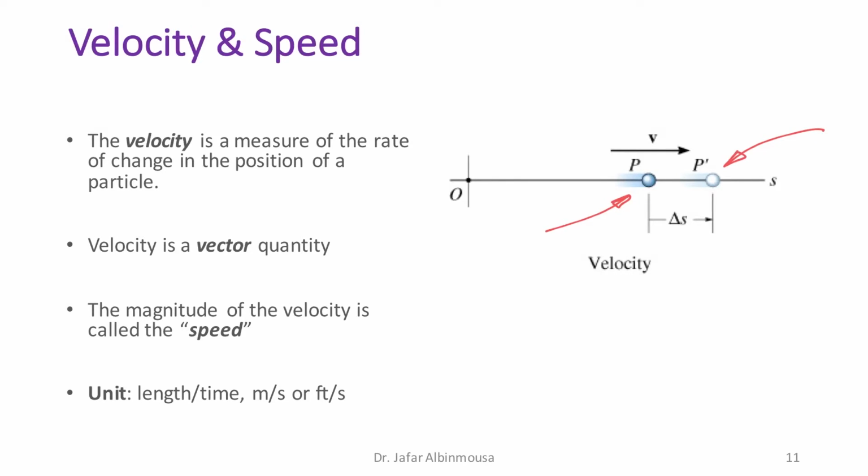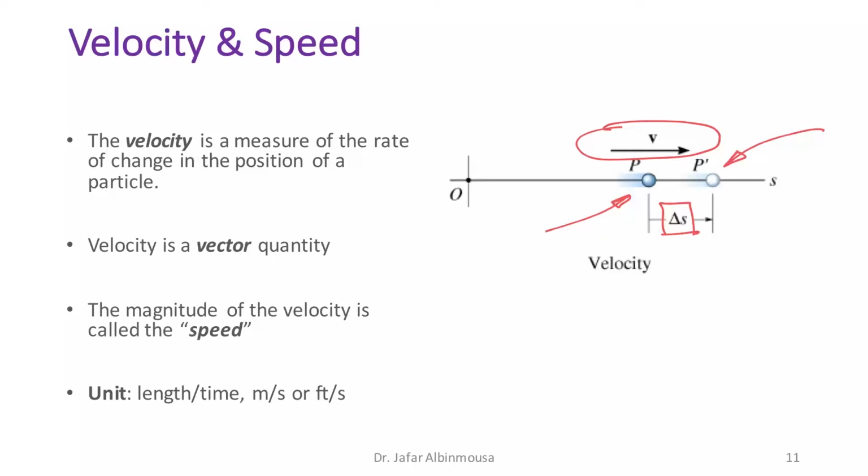So the amount of displacement is delta S. But if we have a stopwatch and measure the time for the particle to move from P to P prime, and we take the rate of that, what we are going to get is the velocity. The velocity here is represented by this arrow, which is a vector pointing in the direction of the displacement.